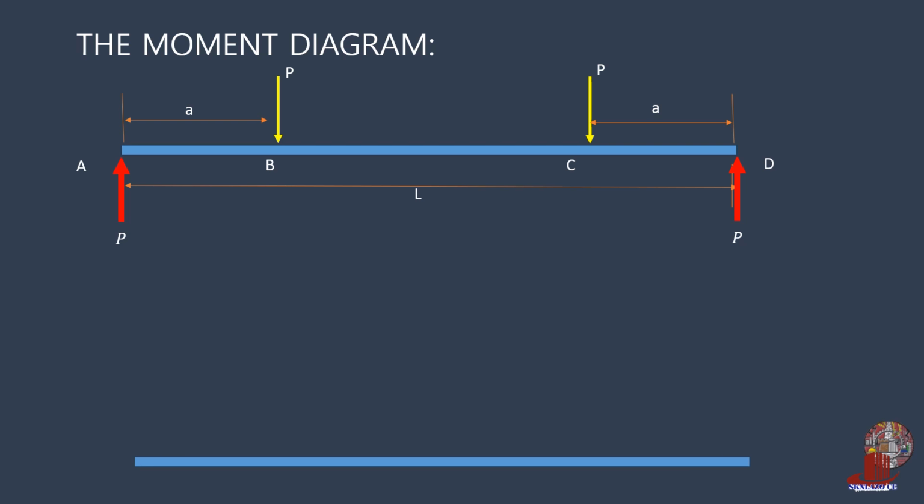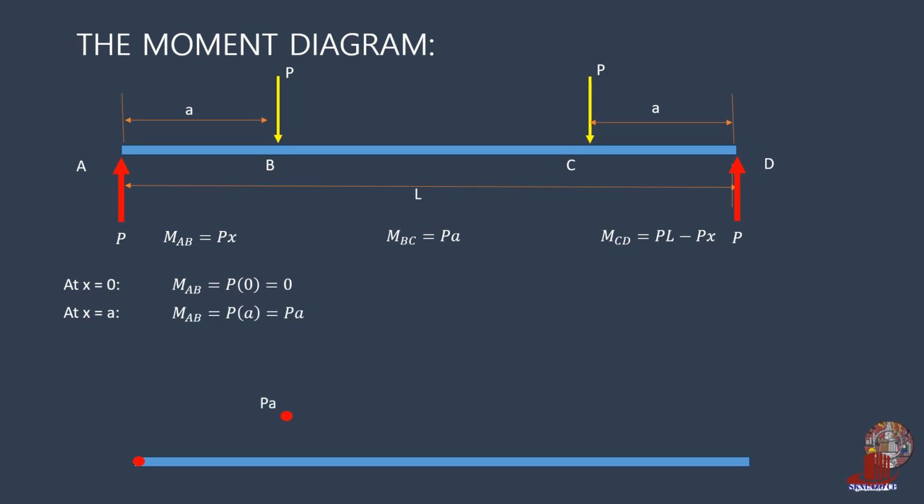Do the same for the moment diagram. This time, the equations provided per span are the M equations. Plug in x as 0 for the first equation and get the moment as P times 0, which is basically 0. Next is at x equal to A. The moment is P times A, which becomes PA.